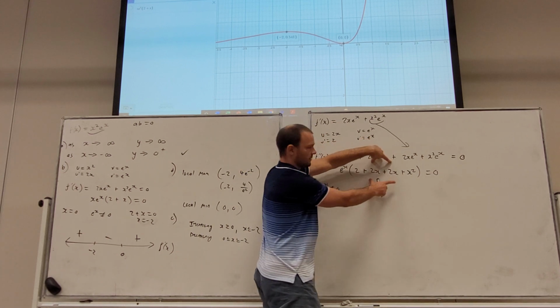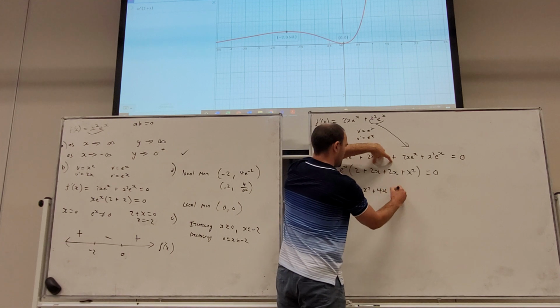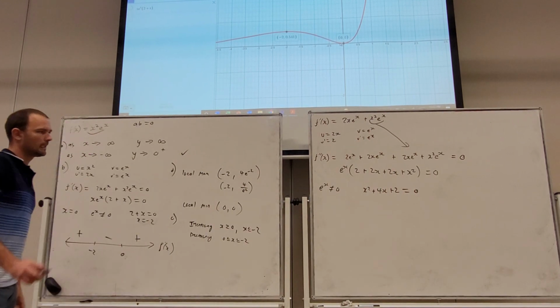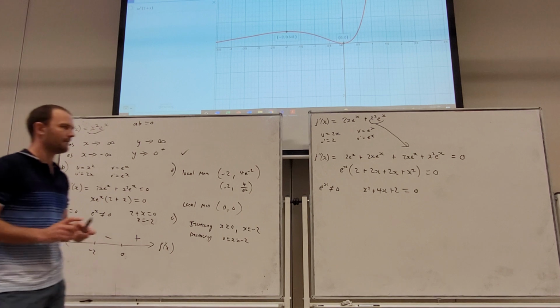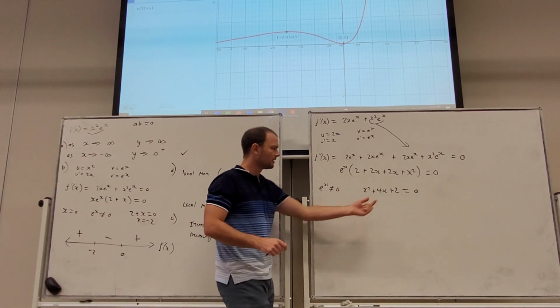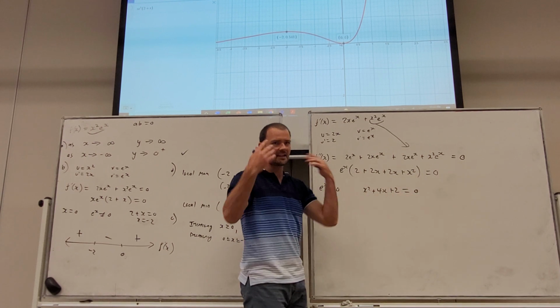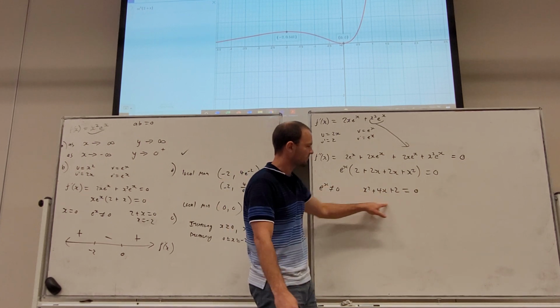And then we're looking at this, and this is a quadratic, isn't it? It's x squared plus 4x plus 2 is 0. Now we can't find those roots by factorisation. I know that because in my head I'm going b squared, 16, take 4ac, 16 take 8 is 8.